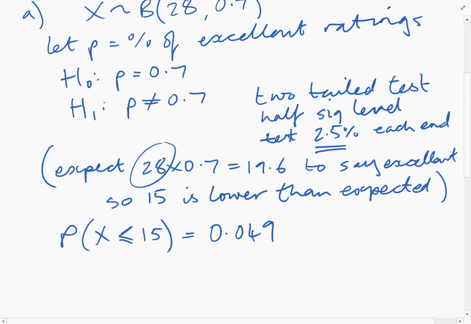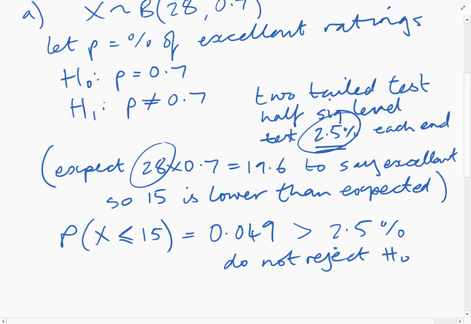Okay, now remember we've halved the probability level, and so that is greater than 2.5%. Okay, so because that's greater than 2.5%, it's not that surprising, it's not that unusual. So therefore we do not reject the norm. Okay, so you can say there is insufficient evidence. Always put this back into context.